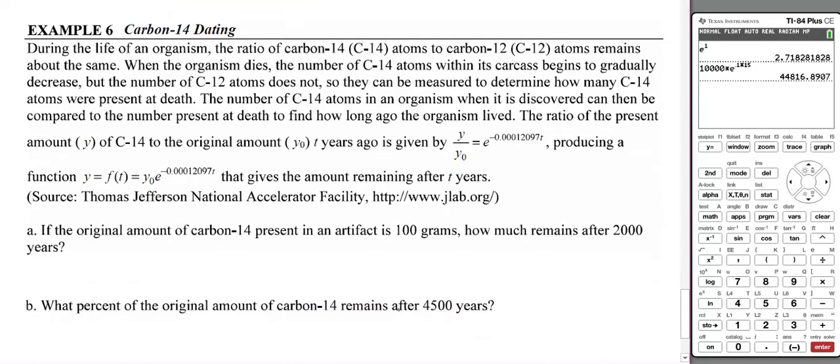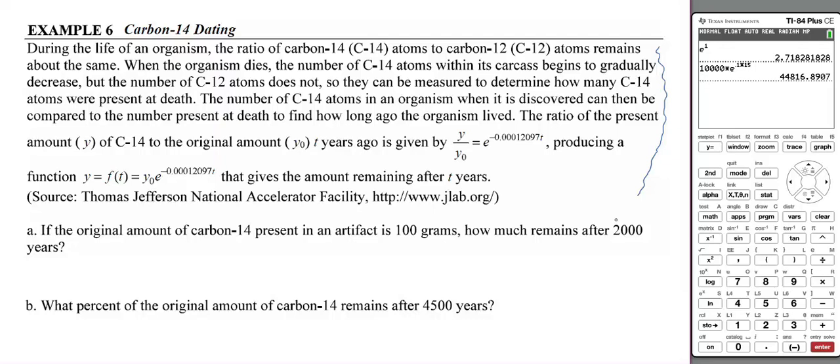Example 6 is carbon-14 dating. This looks like an intimidating problem, but really they're giving you a mini science lesson up here about what carbon-14 dating is, and they're defining what the variables in the formula mean. So let's read through this. During the life of an organism, the ratio of carbon-14 atoms to carbon-12 atoms remains about the same.